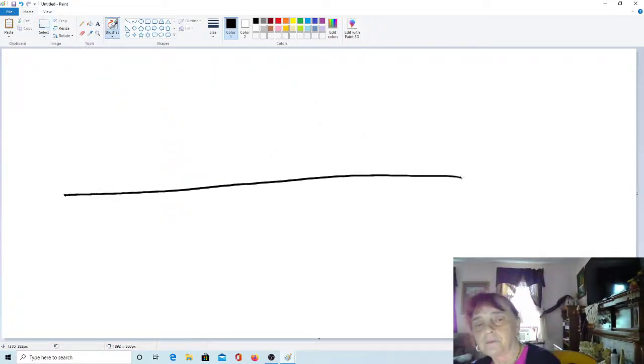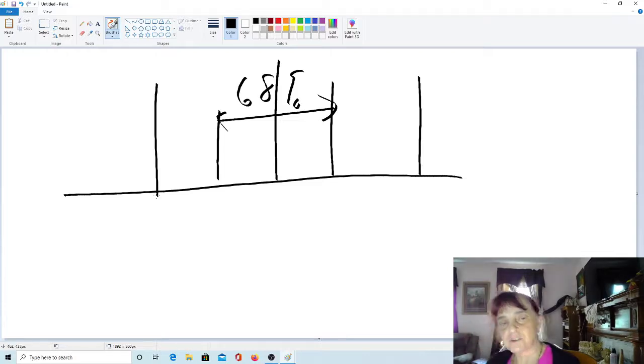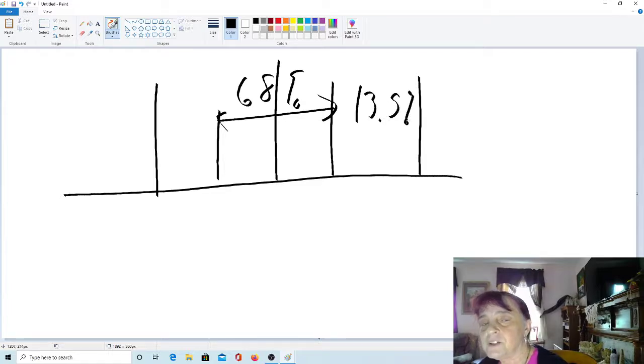So you have a normal curve where you have 68% within one standard deviation of the mean. And then 95% is within two standard deviations of the mean. So you subtract 68 from 95 and divide by 2, which will leave you 13.5% from 1 to 2 standard deviations of the mean.